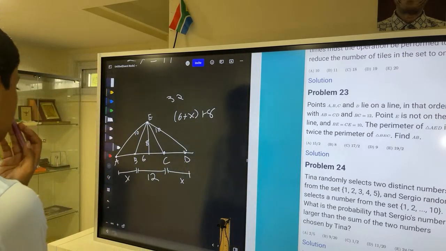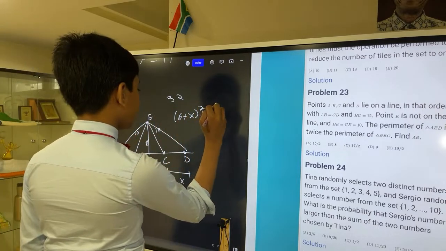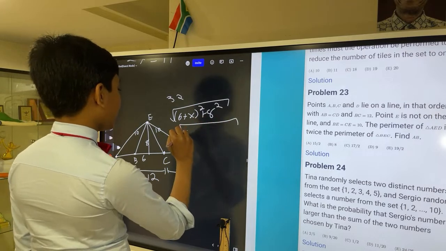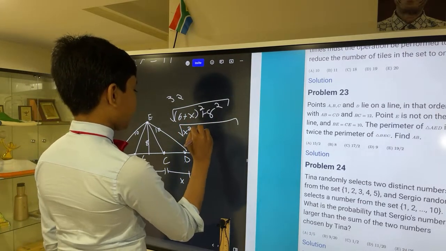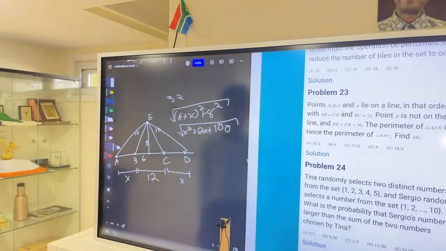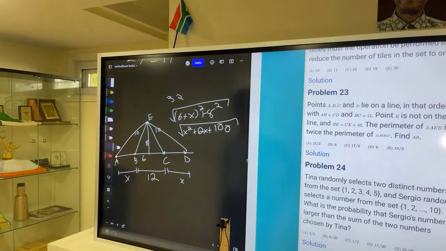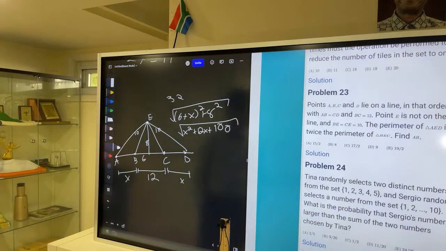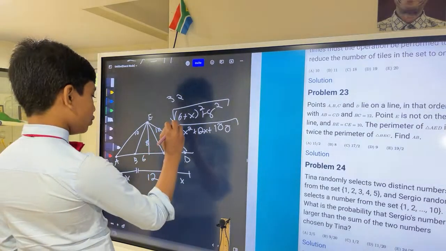So then, when we square both of them, put them under that square root, we get x squared plus 12x plus 36 plus 64. So it's root x squared plus 12x plus 100. So the crucial thing is finding x. Then we multiply that by 2.